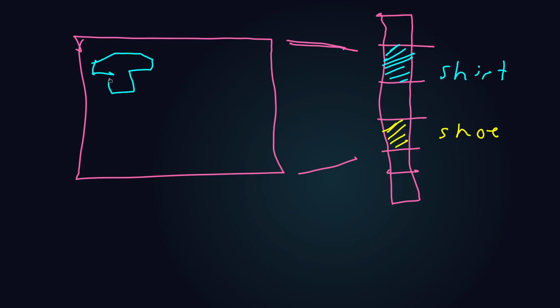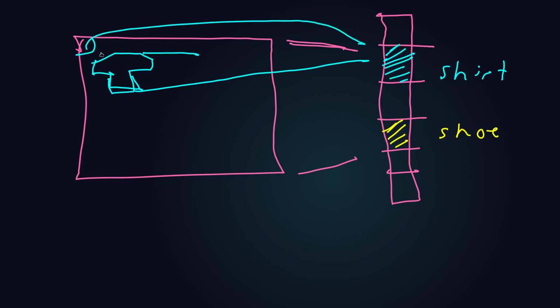and I said in class on Thursday, I am not an art major. If you want to recognize a shirt here, we might have weights in this region, right? So remember, each pixel has a weight that connects it to this unit. Every pixel has a weight that maps from that pixel to this unit, okay?